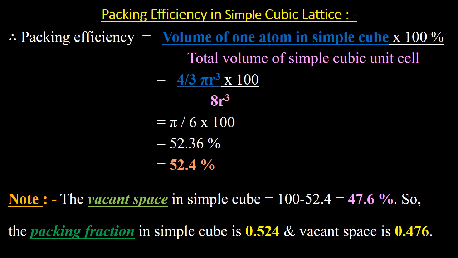Therefore, packing efficiency is equal to volume of one atom in simple cube into 100 divided by total volume of simple cubic unit cell. On substituting the values, we get packing efficiency in simple cubic lattice as 52.4%, and vacant space in simple cube can be calculated by subtracting packing efficiency value from 100, that is 100 minus 52.4 is equal to 47.6%.